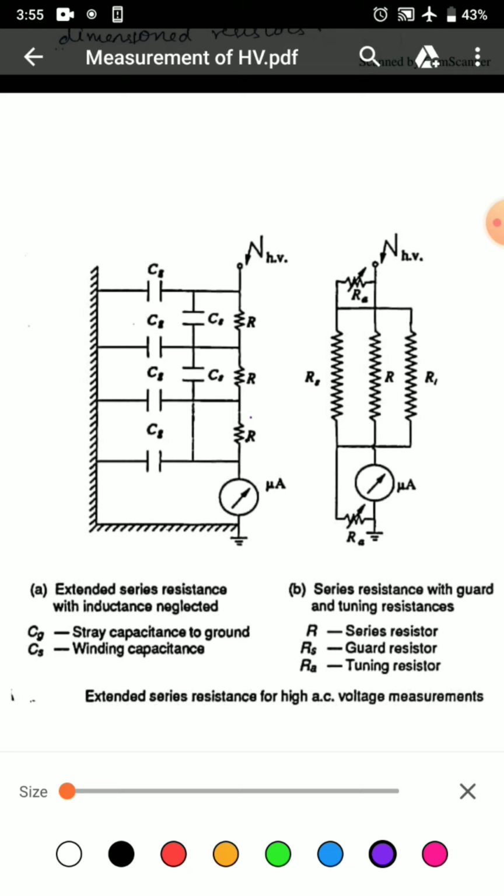The stray capacitance effects are removed by shielding the resistor R by a second surrounding spiral resistor RS, which shunts the actual resistor but does not contribute to the current flowing through the instrument.